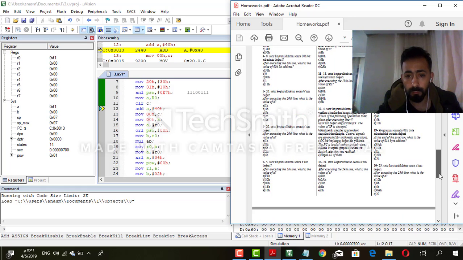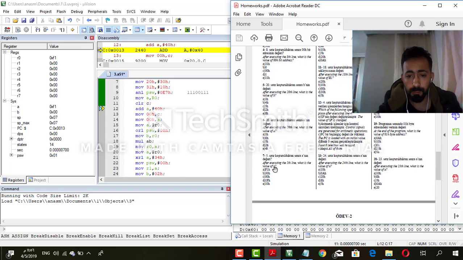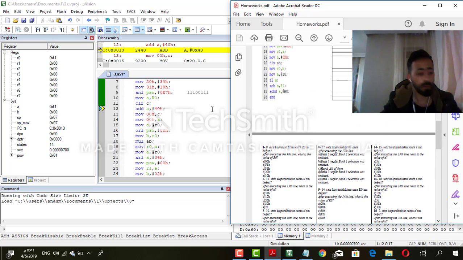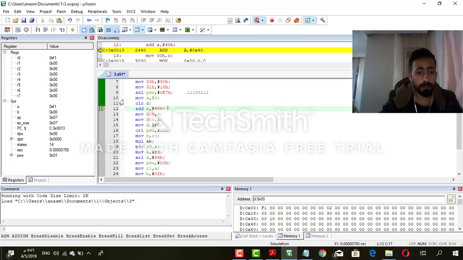The value of A will be like register 0, as I told, it will be F1. So the answer is A, F1. And we will continue.